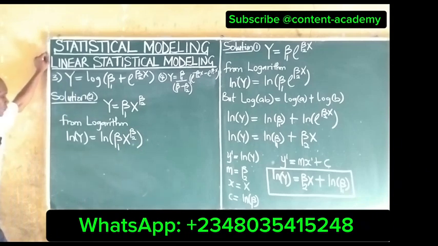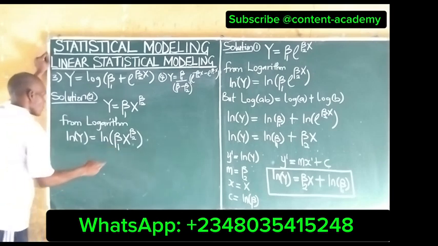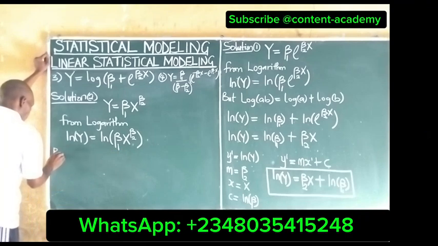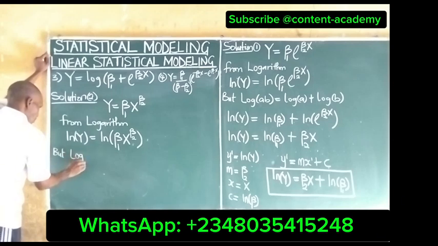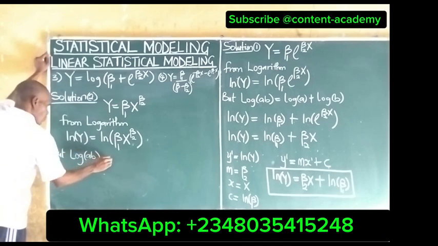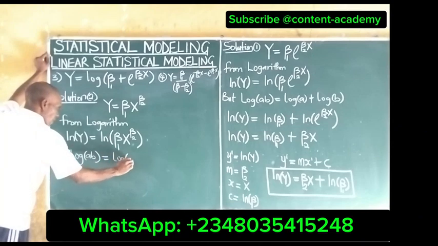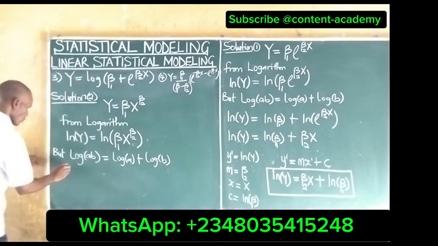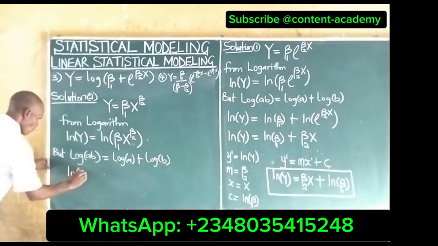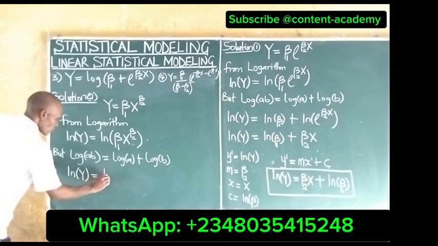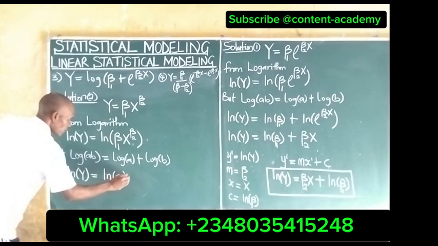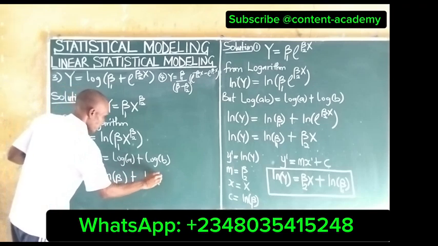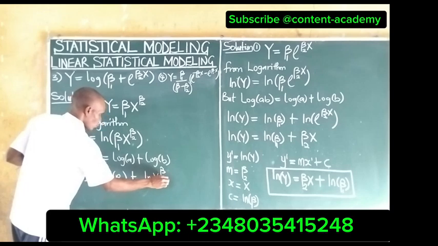So what we have here is, from logarithm again, log ab equal to log a plus log b. So we have ln y equal to ln b1 plus ln x raised to the power of b2.